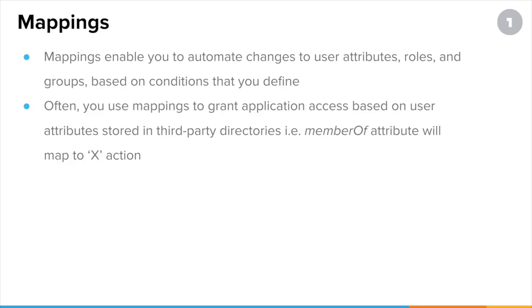And if they match, like the string of member of has the word engineering in it, if a user matches that criteria, then we can apply some sort of action to them. And that action could be to update other user attributes, assign them to a role, and or assign them to a group.